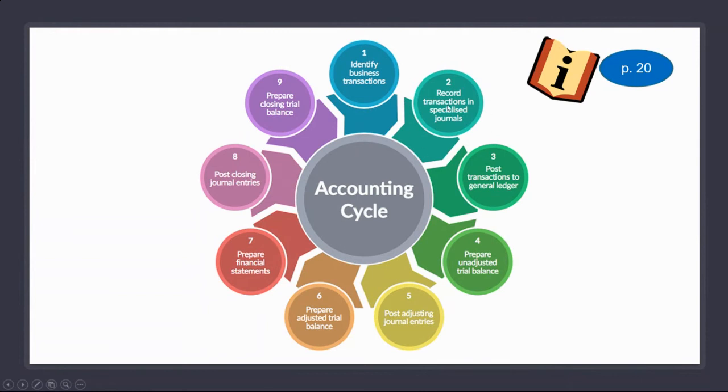Then we record those transactions in the specialized journal. So in the specific journal, whether it's a cash journal or a credit journal, those journals will make more sense when we get to those specific learning units. Then we post the totals of these journals into our general ledger. Now, the general ledger is the T account that we heard about when we were watching the video.